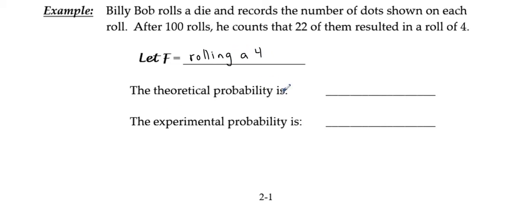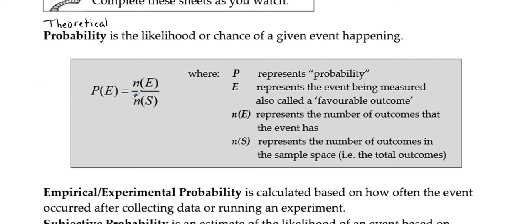Now, the theoretical probability is what should happen. So the probability, P for probability, of, inside the brackets, the favorable event, so rolling a 4, is... On the bottom, if you remember the formula, is the number of outcomes in the sample space, the total number of outcomes.